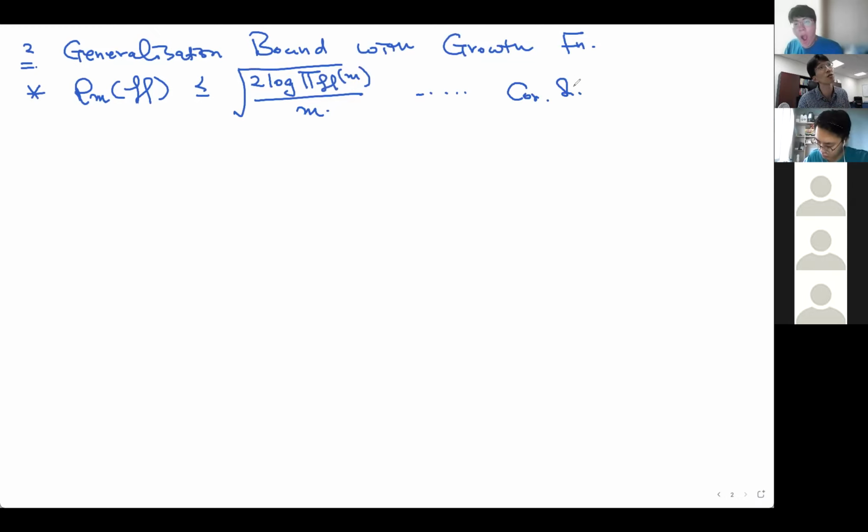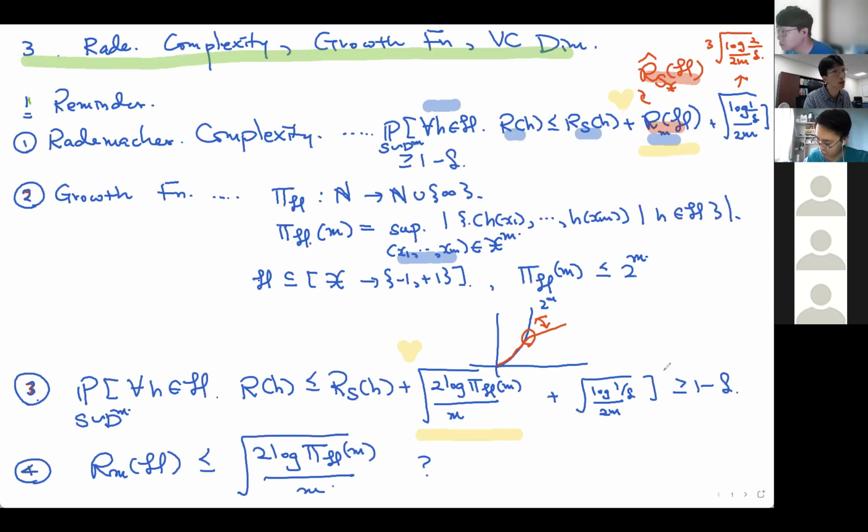If we show this, then by combining what we already have with this corollary, we can show the generalization bound that I showed in the previous slide. And that generalization bound is written as Theorem 3.9.